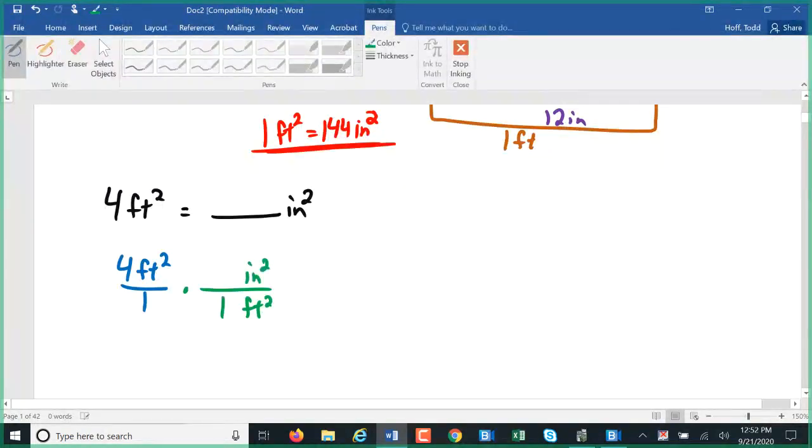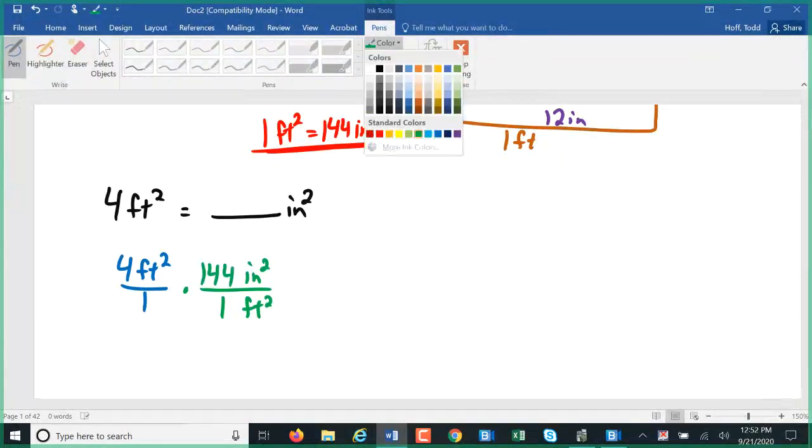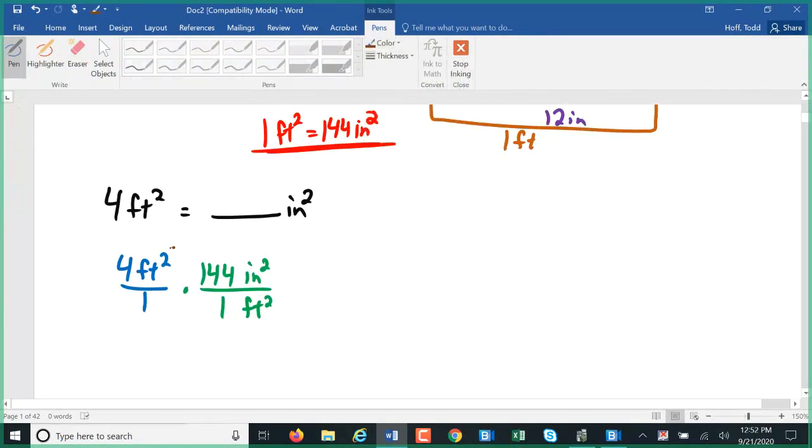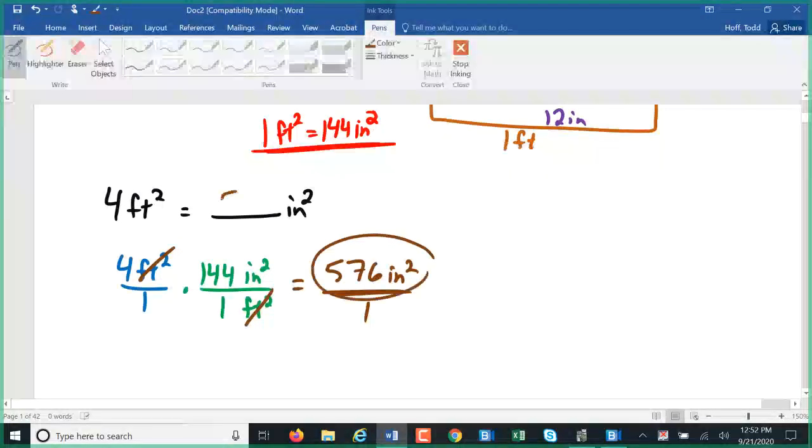Square foot's the bigger unit, so I put the 1 with the larger unit. And we said there's 144 square inches in 1 square foot. So the square feet cross cancel out in our fraction multiplication. We have 4 times 144 is 576 square inches. 1 times 1 is 1, so that's just 576 square inches. So only 4 square feet, and it's already 576 square inches.